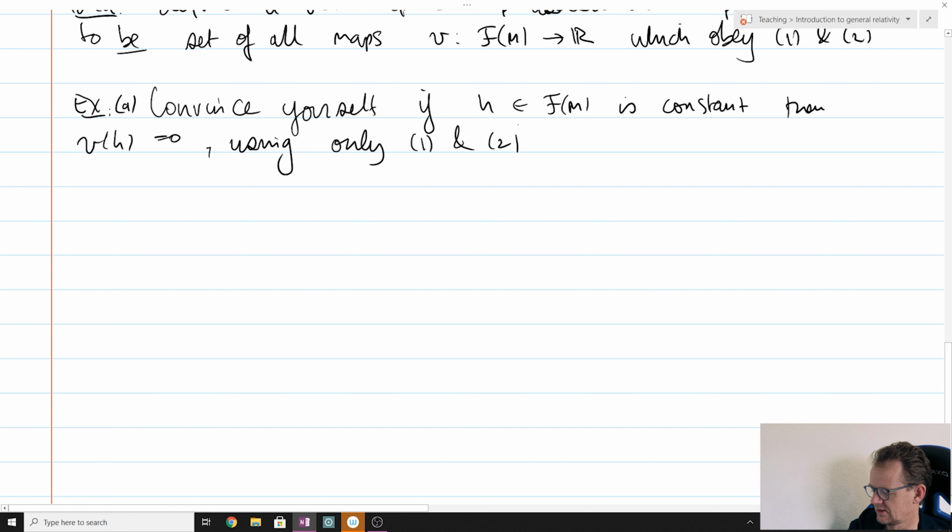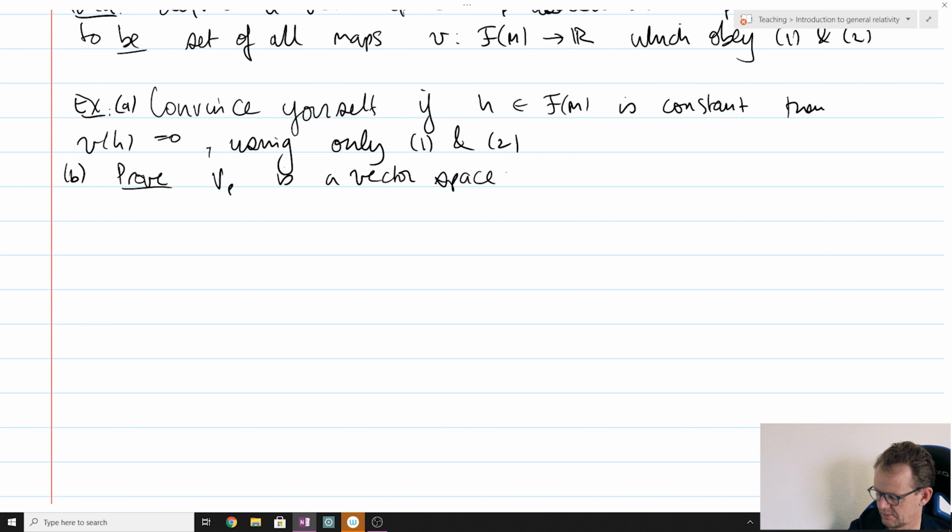The second part of this exercise is to convince yourself that V_p so defined is a vector space. So you can add, subtract, multiply by scalars. So that's some exercises to get you warmed up and used to this notion.